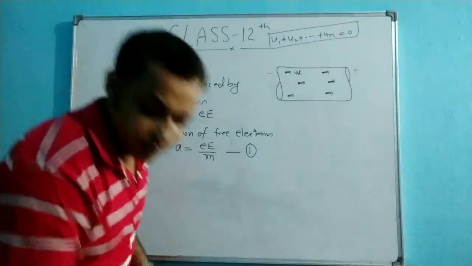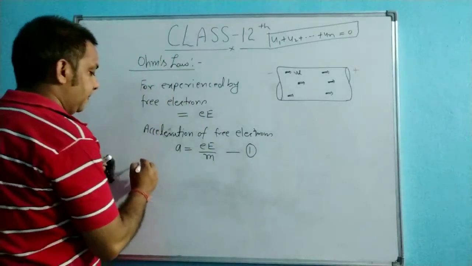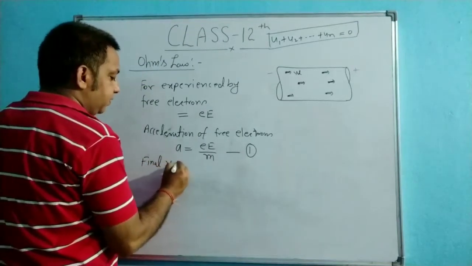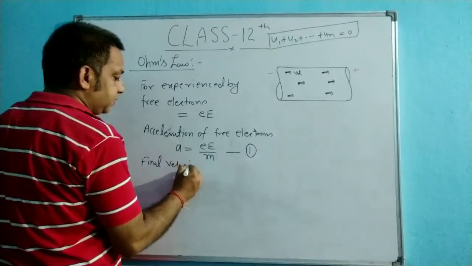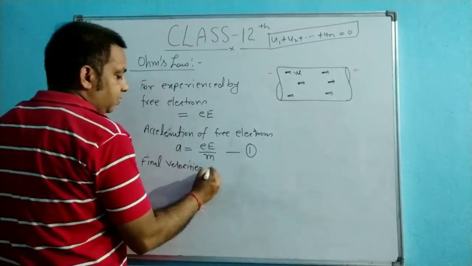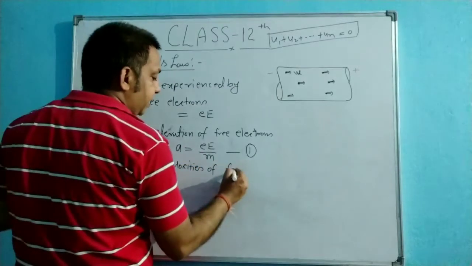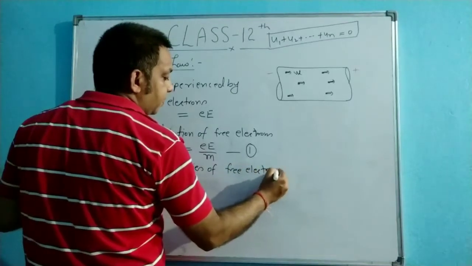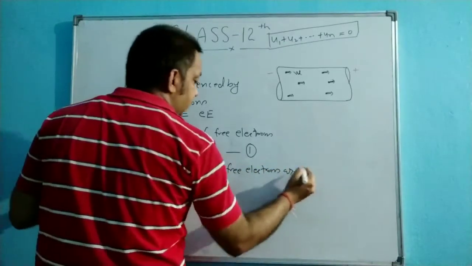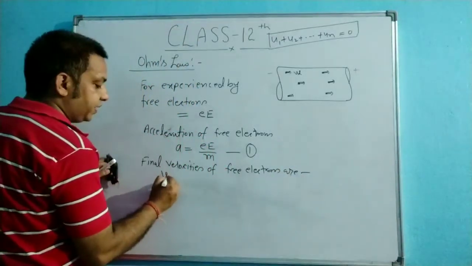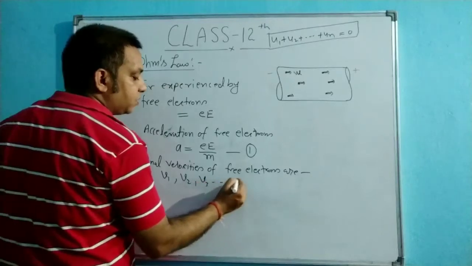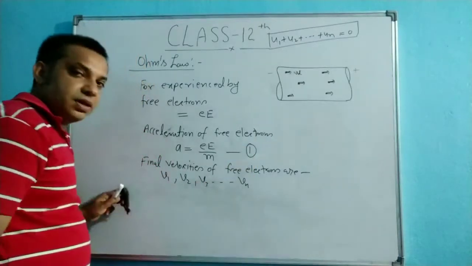The final velocities of the free electrons, I am assuming, are v1, v2, v3 and so on up to vn, assuming n free electrons.